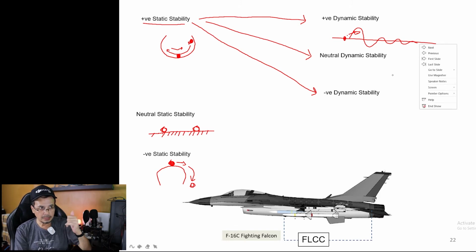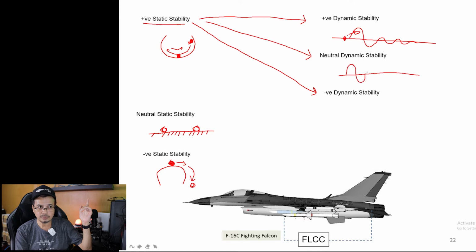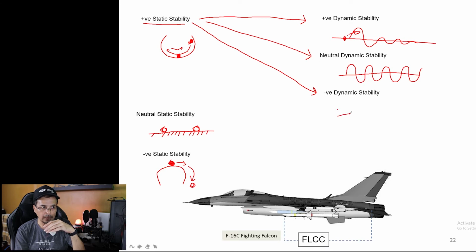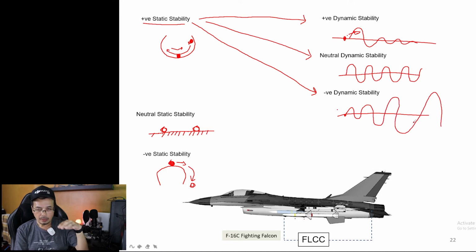If neutral dynamic stability, if you remember from the earlier picture, it will swing at constant amplitude, theoretically forever. Once we deviate, this type of plane will be neutrally dynamically stable. They will oscillate forever. So I guess you can guess what we mean by negative dynamic stability. When we deviate from the normal path, they oscillate, and then the oscillation becomes bigger.